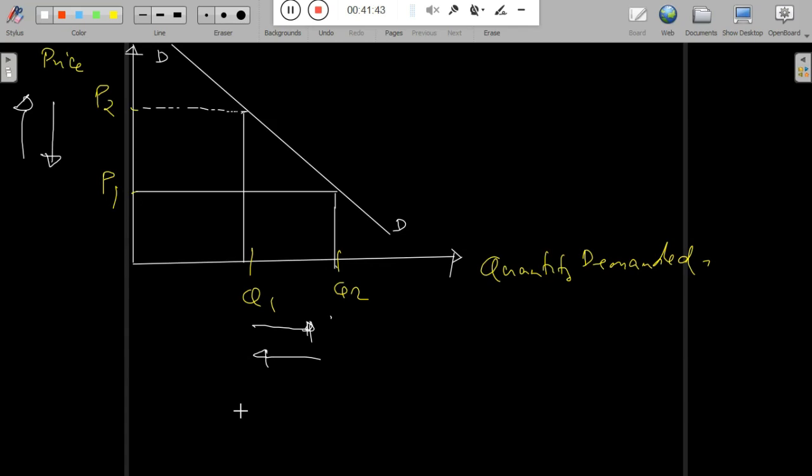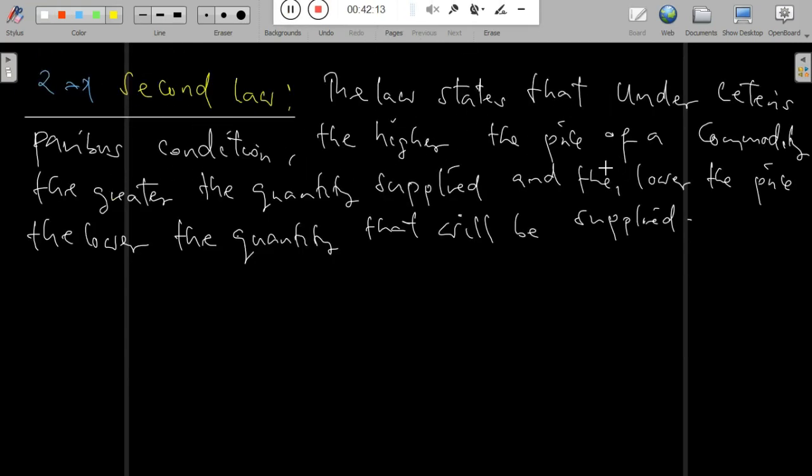So for that case, we now observe the effect on the supply side. The second law states that under the ceteris paribus condition, the higher the price of a commodity, the greater the quantity supplied, and the lower the price, the lower the quantity that will be supplied.